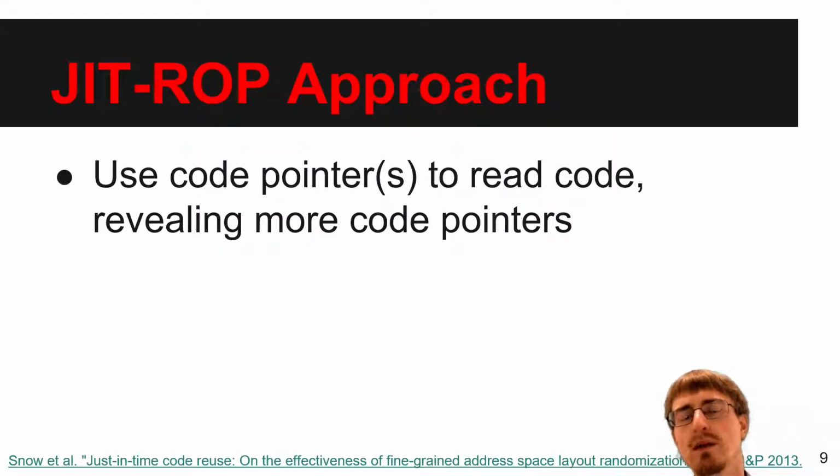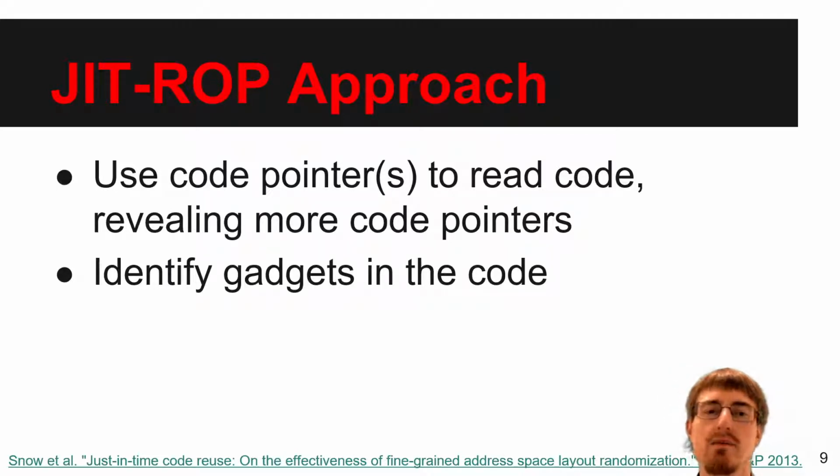Now, while reading the program, we also find branch instructions, for example, or other memory references. These we can use to derive more code pointers. If we keep reading them, we eventually get a good view of the code that is there in the memory image. And even if it's randomized every time, because we can continue to interact with the program, we can still continue to identify the gadgets.